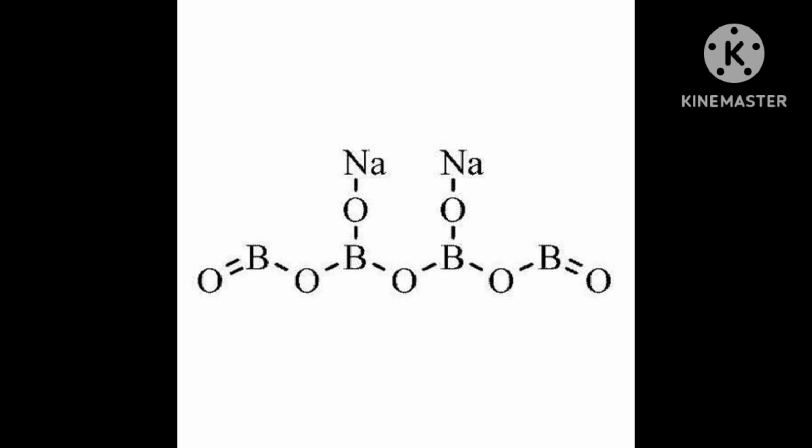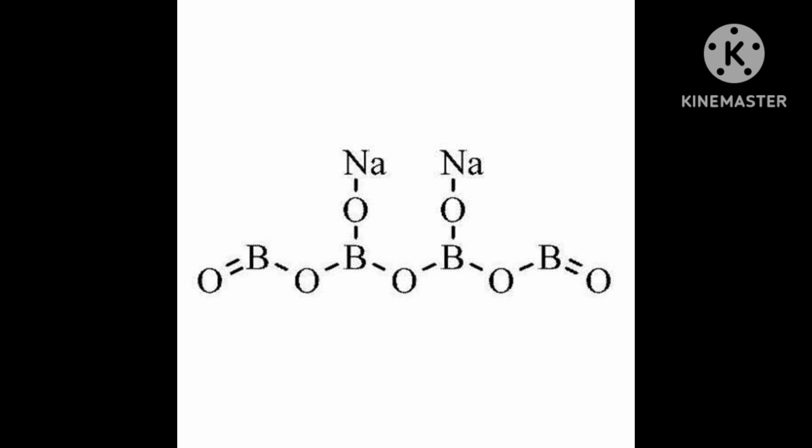This B3N3H6 has a structure similar to benzene. That's why it is called inorganic benzene, because boron and nitrogen belong to inorganic chemistry, but the ring is similar. If you add B3N3, it comes just like C6, the six carbons in benzene, C6H6.